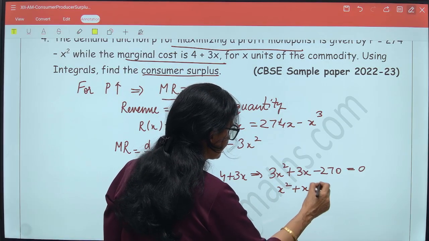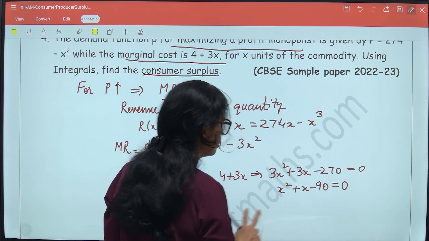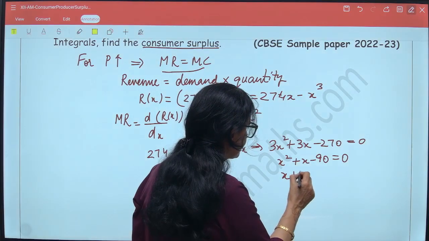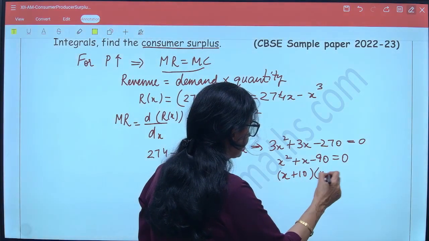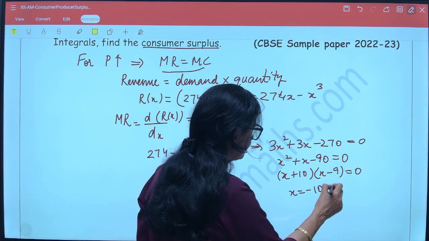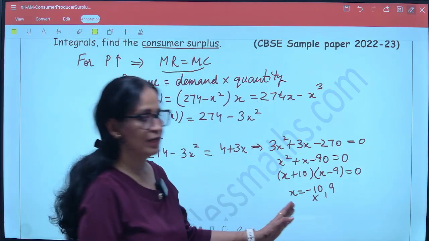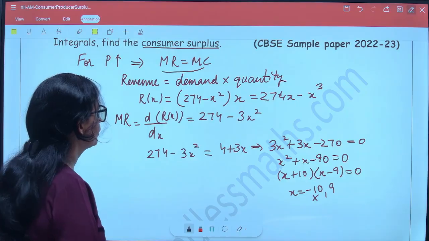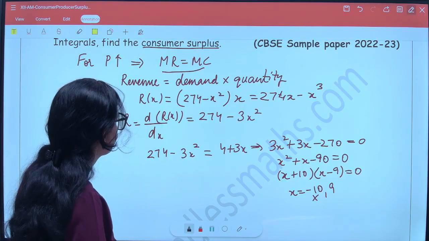X square plus x minus 90 equals 0. Let's split the middle term and factorize. So the factors are going to be x plus 10 and x minus 9. That gives you the value of x as minus 10 and 9, ignoring negative values for quantities to be produced. So that means the equilibrium quantity is 9 here.